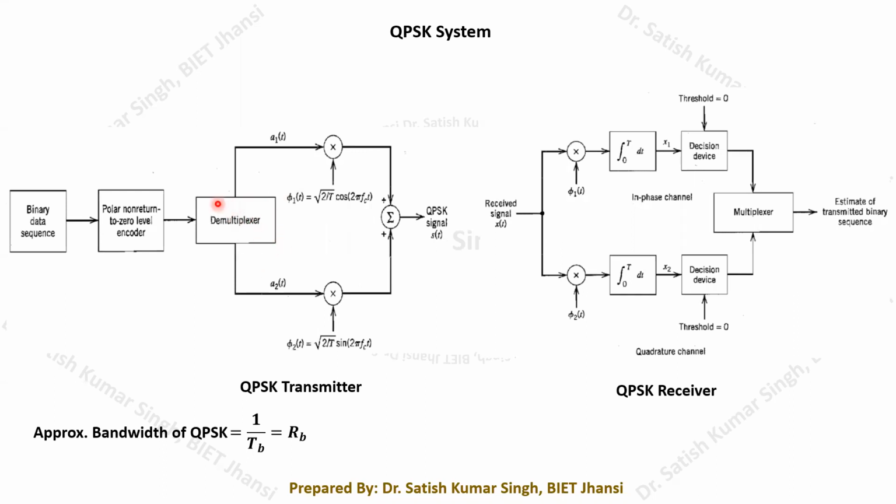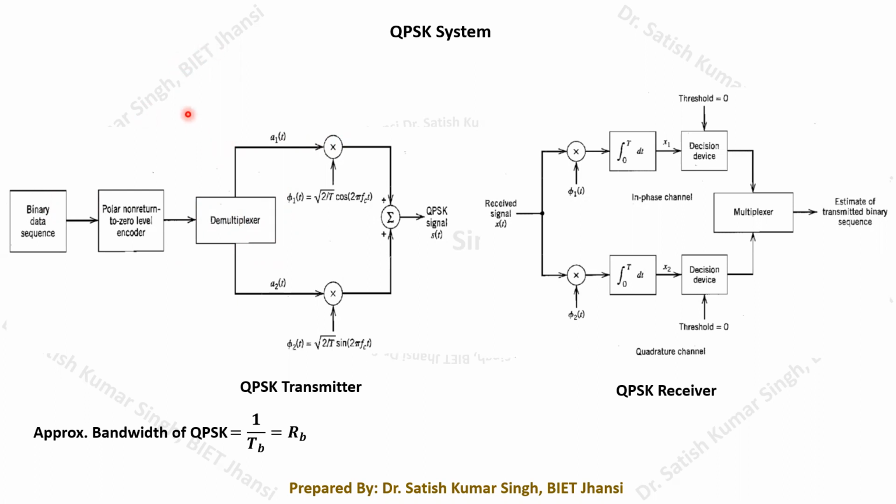One bit goes to this particular channel. Here it is just shown in this way, which sometimes causes confusion. Suppose we have the bits 0 1, then a corresponding polar non-return to zero signal line code will be generated, corresponding to 0 and corresponding to 1.